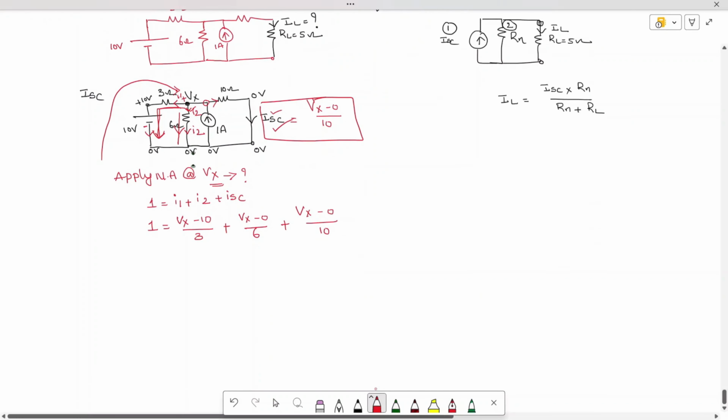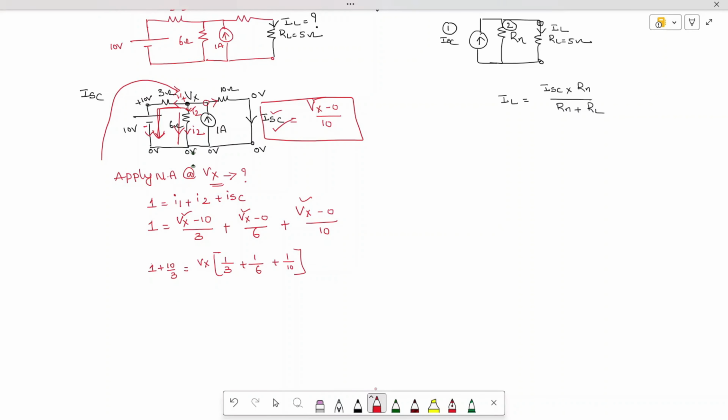Okay, so now I would like to segregate the terms and find out each individual value. So this value is 1 plus 10 by 3, and I am taking Vx as a common term. When you take Vx as a common term, then we are going to get 1 by 3 plus 1 by 6 plus 1 by 10.